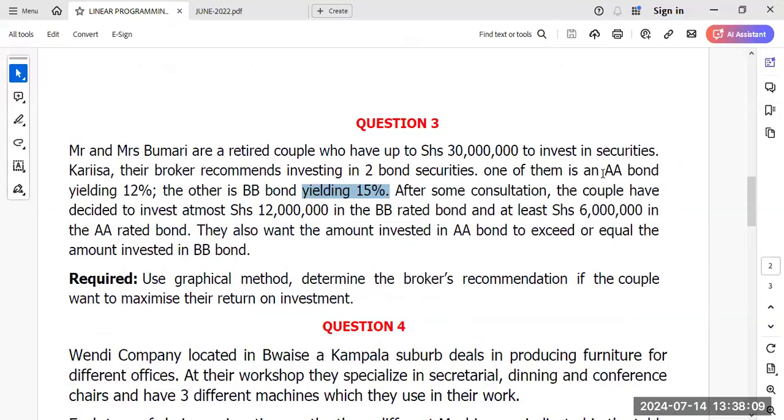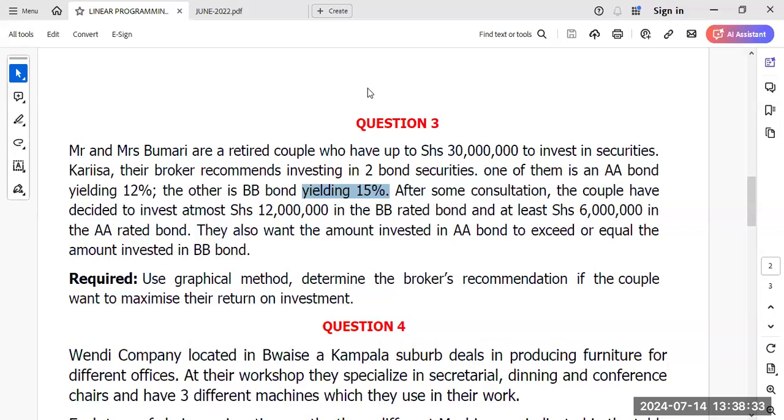One of them is an AA bond yielding 12%. So I don't know the exact amount of investment, but I assume that I'm going to earn 12% on my investment.